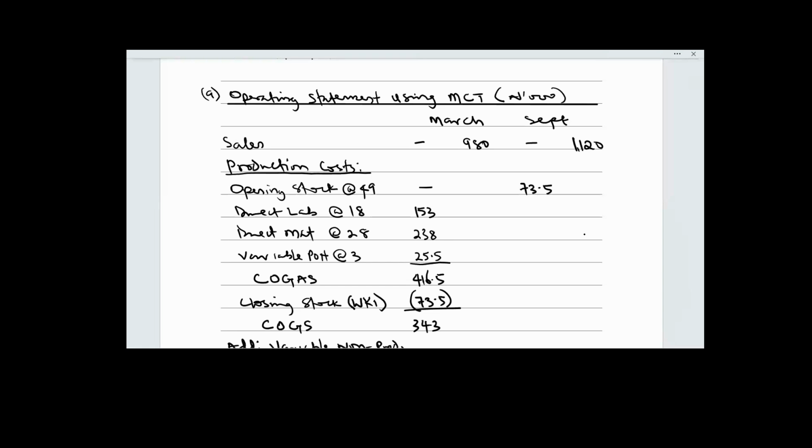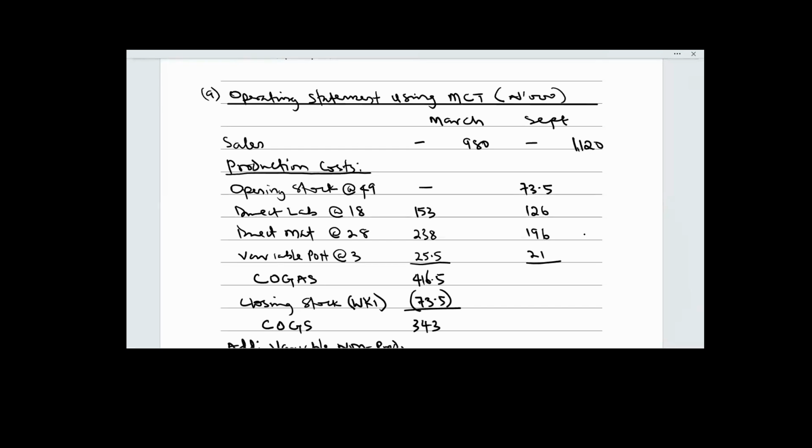Okay. Then how many units were produced in September? 7,000. So 7,000 multiplied by 18 naira. 126,000. Then 28 naira multiplied by 7,000 gives 196. Then 3 multiplied by 7,000 is 21,000.